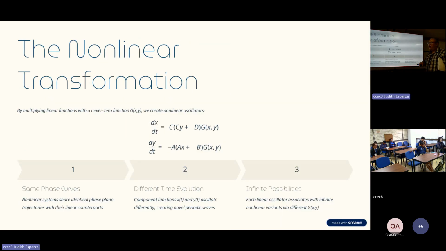See, every linear system can produce an infinity of periodic components, changing the G function.